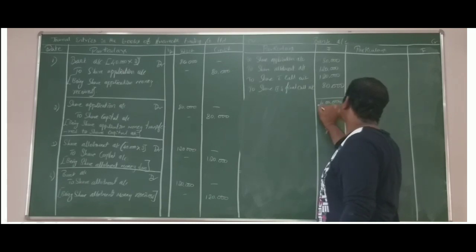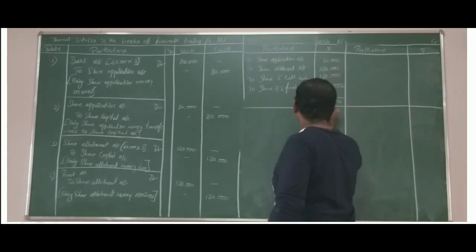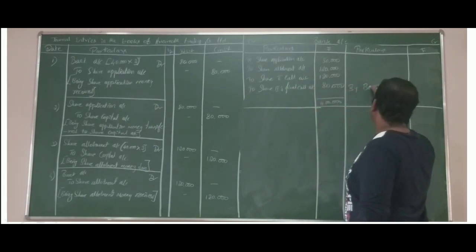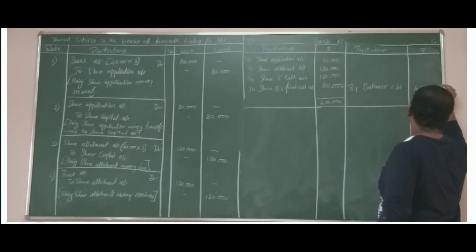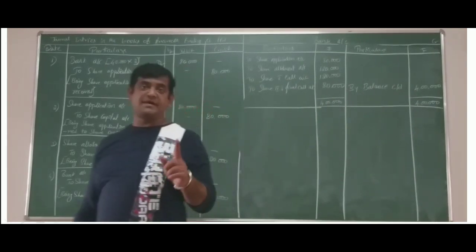So now, balance carried down. How much is in the bank account now? 4 lakh rupees. So there is cash in the bank account of 4 lakh rupees. So I believe you have understood the bank account.